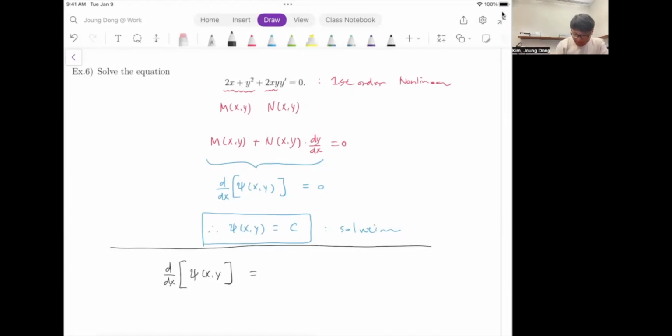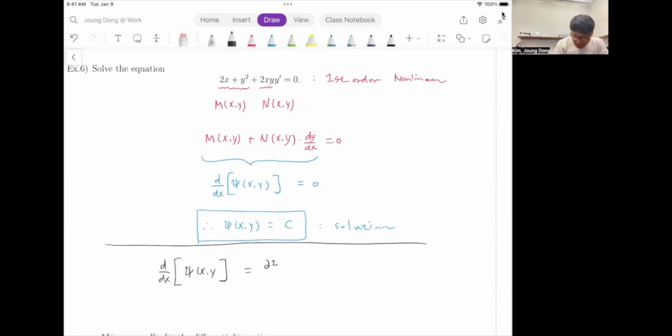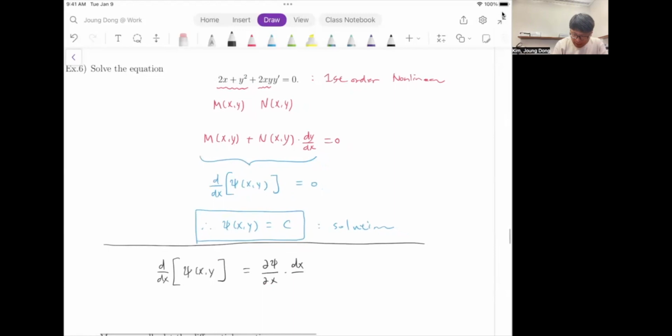So what was it? It is d psi over dx times dx plus d psi over dy times dy. And as you know, dx over dx equals 1. So simply we can say that it is equal to d psi over dx plus d psi over dy times dy over dx.